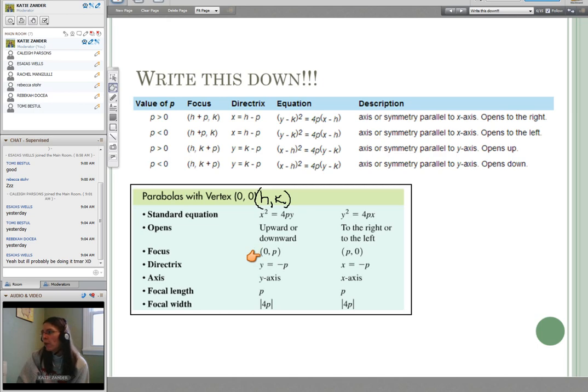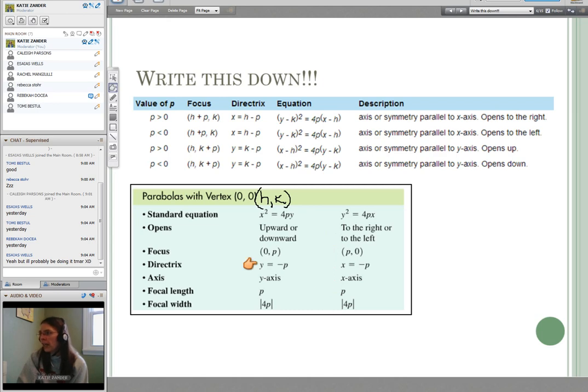You can find the focus, the directrix, your axis of symmetry, your focal length, and your focal width. So if you have all this information, or at least one piece of information, you can probably create an equation for the parabola. Now, the parabola that we are exploring a little bit more is when it opens to the right or left, but just notice that things change a little bit here.